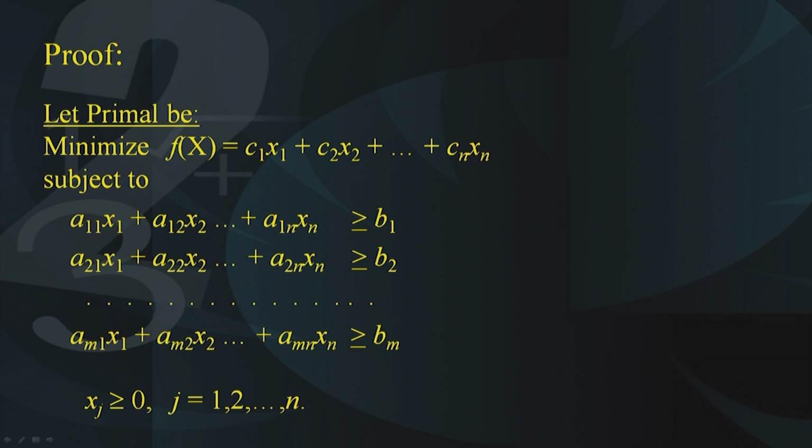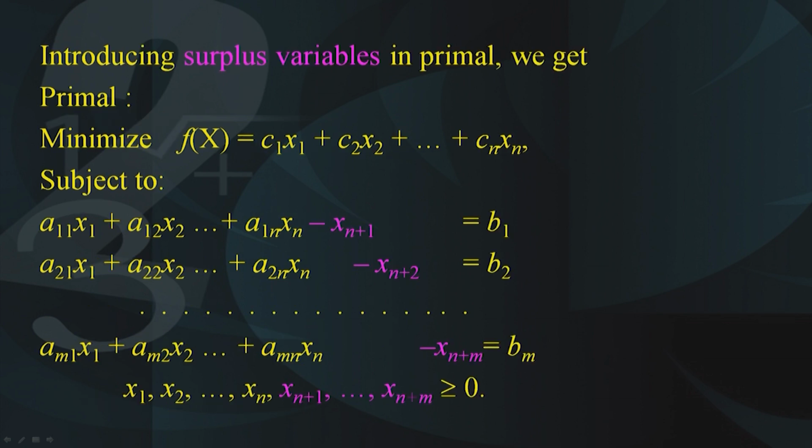Now, the corresponding dual of this problem can be written, but before that we will need to introduce the surplus variables, because we have the greater than constraints. So, the greater than constraints have to be converted into the equality type.